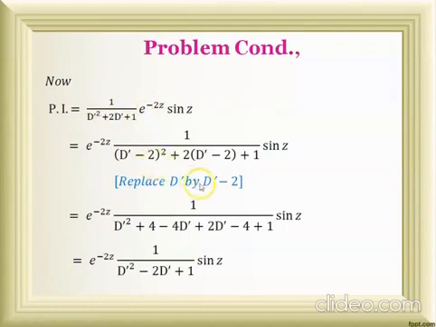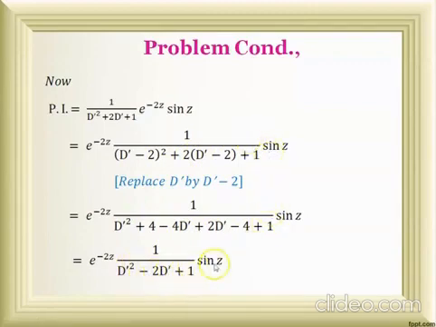So d dash becomes d dash minus 2, as in the previous methods. After replacing, I am opening d dash minus 2 the whole square using the (a minus b) the whole square formula, taking the multiplication of 2 into d dash minus 2. The simplification gives d dash squared minus 2 times d dash plus 1.